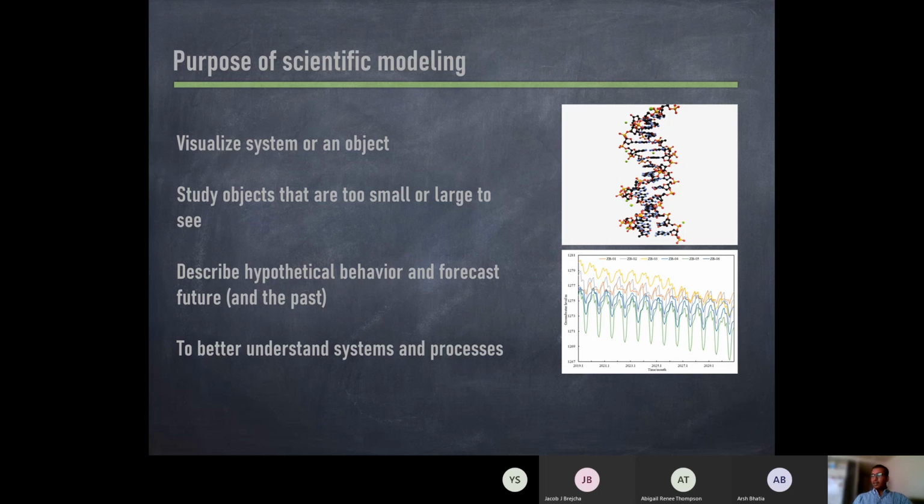Then the third thing, there are predictive models, and what they do is describe hypothetical behavior and forecast the future. Can you tell me one example of this kind of model? I'll be asking questions, I'd like it to be a bit interactive. So if you can give me an example of forecasting. Yeah, go ahead.